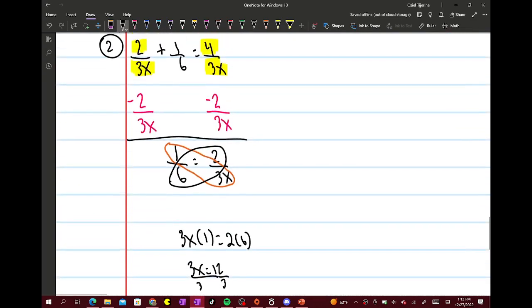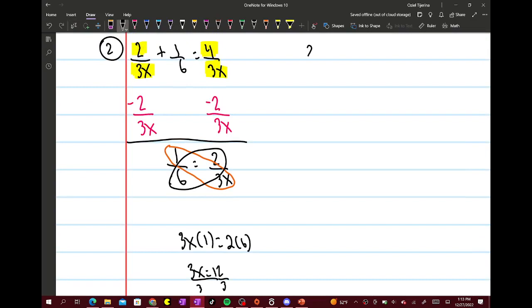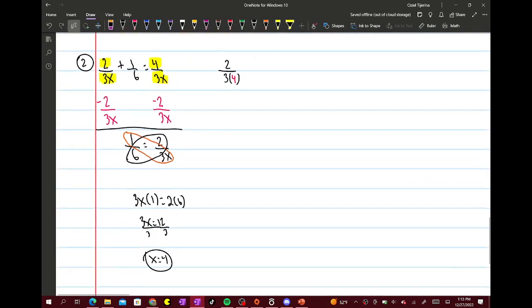So it's pretty simple, and of course, if you check it, you would do 2 over 3 times 4 plus 1 over 6 equals 4 over 3 times 4.